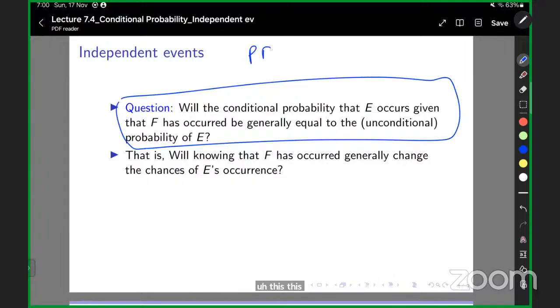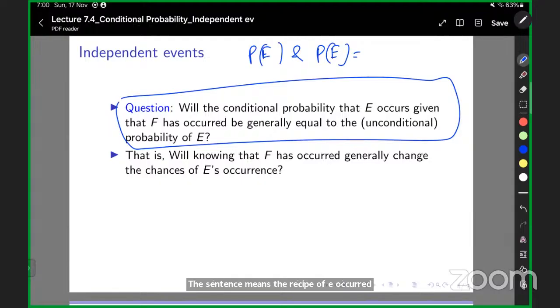So let's say P of E occurred and P of F occurred. Is it equal to P of E multiplied by P of F? Is this the scenario?